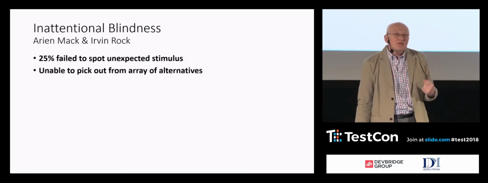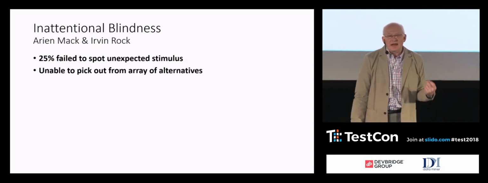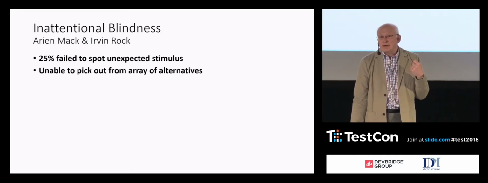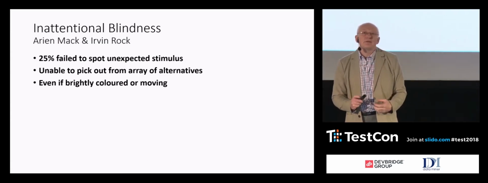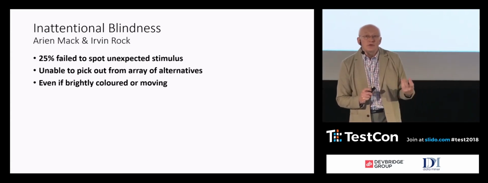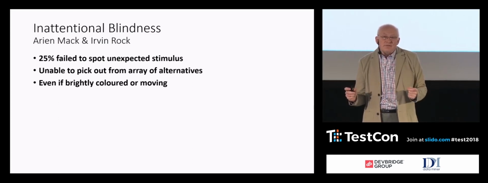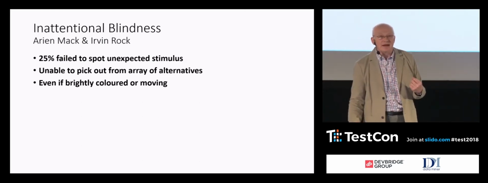They'd also be unable to pick it out from an array of alternatives, which suggests that either it never entered their subconscious or it was not available to be retrieved from their subconscious. And that was true even if it was a brightly coloured object or the object was moving. Now, they were also interested in visual as well, and our optics in our eyes are not really that great.